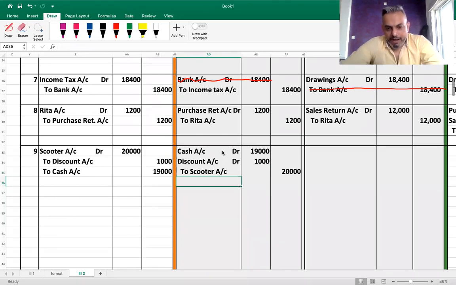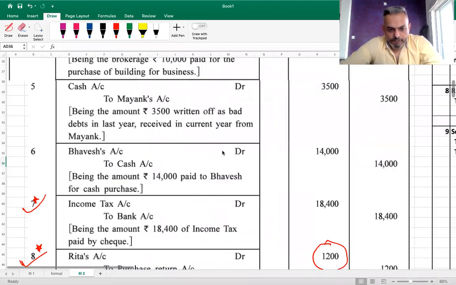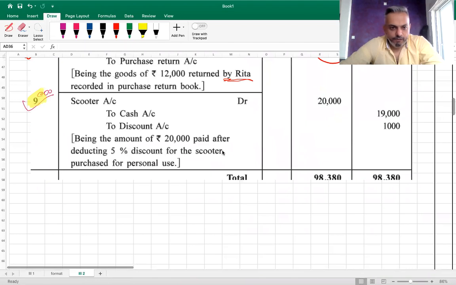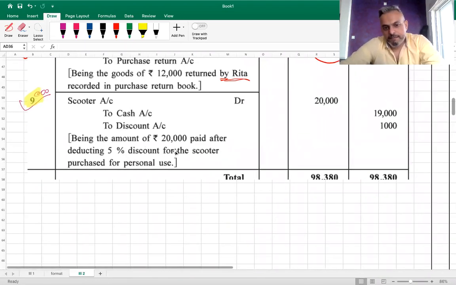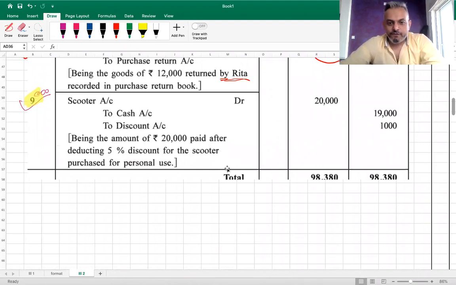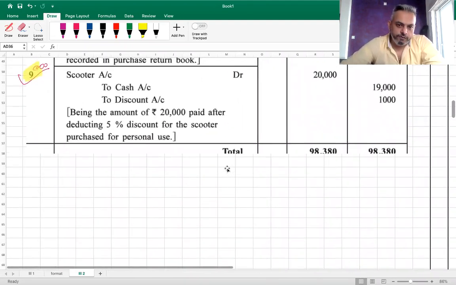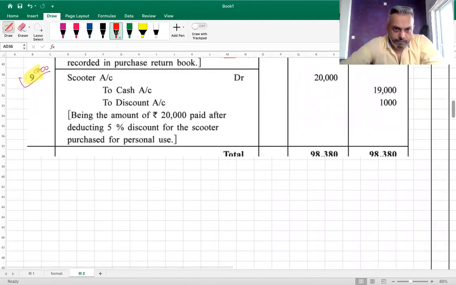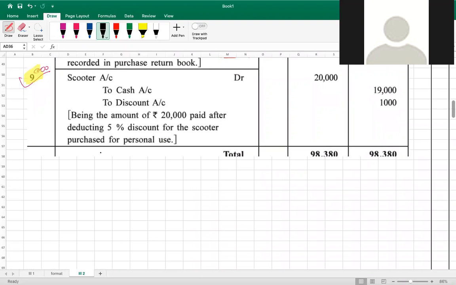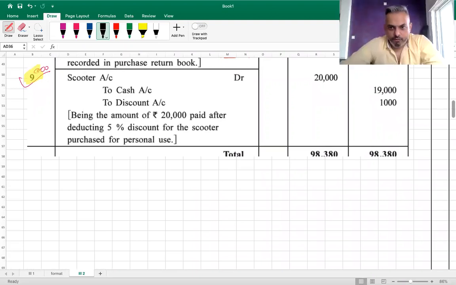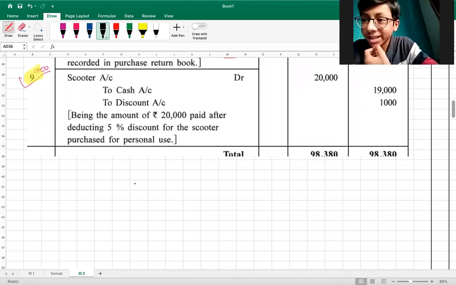Now, after writing this, you have to tell me the correct entry. Scooter to cash to discount is the wrong entry, being the amount of 20,000 paid after deducting 5% discount for the scooter purchased for personal use. Can you tell? Drawing account debit to cash 20,000. No, that's wrong. Drawings account to cash account 19,000.